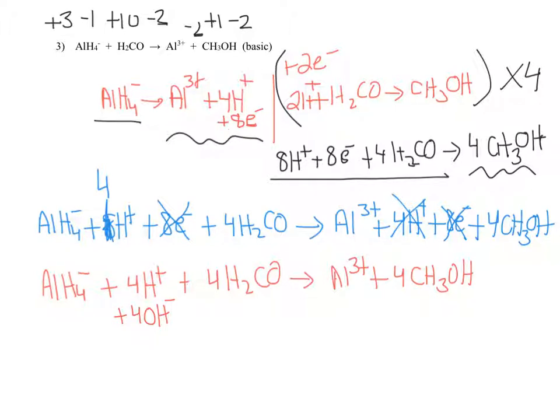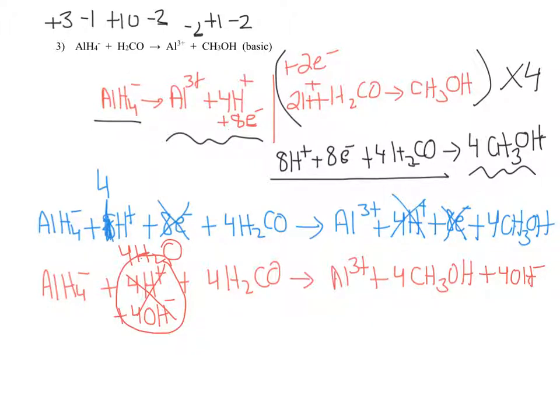So that means if I add 4 OH minuses to the reactant side, I also add it to the product side. So it's on both sides. Now what happens is H pluses and OH minuses combine to form water. So you cross those out, and instead of these, you write 4 H2Os.